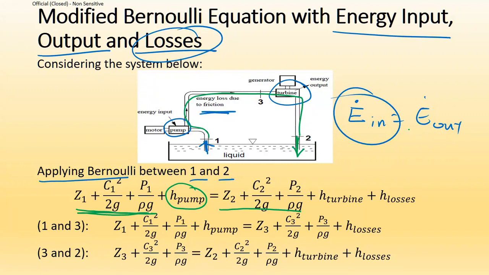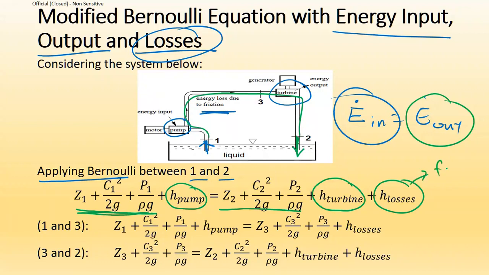Since output must all be on the right, when the water flows through the whole pipe, a significant source of output is H turbine. The turbine will extract energy from the flow. And the last one will be your H losses. The H losses is due to the friction.